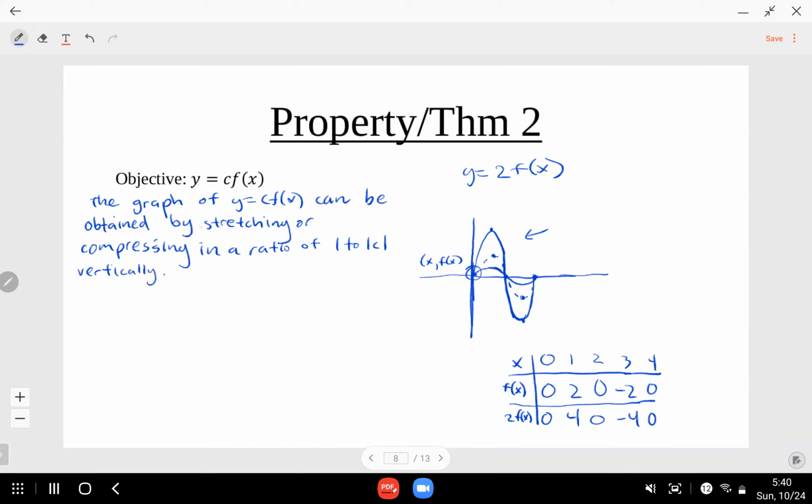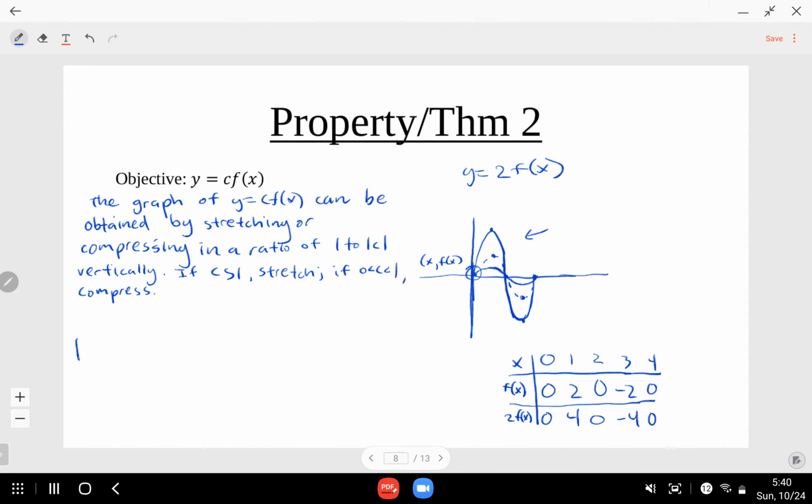So if c is greater than 1, stretch. And if c is less than 1, well, it can't be negative though. If c is in the interval 0 to 1, not inclusive, then compress. So that is our theorem.